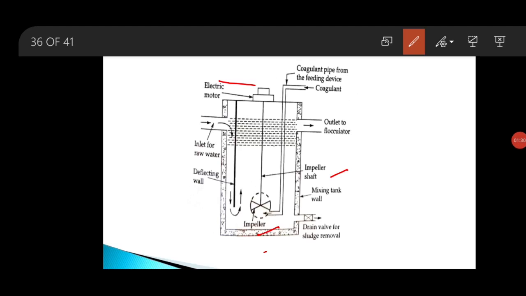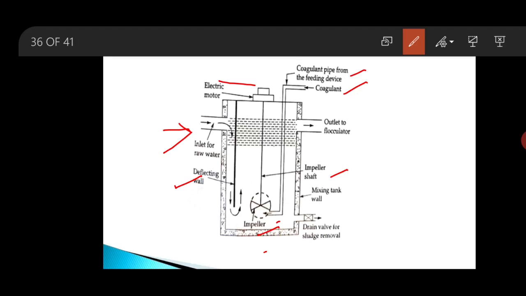The coagulant will enter into this mixing device through the coagulant pipe from the feeding device. Then it is discharged just under the rotating fan, and the raw water will enter through the inlet pipe, and this is deflected towards the moving impeller by a deflecting valve.